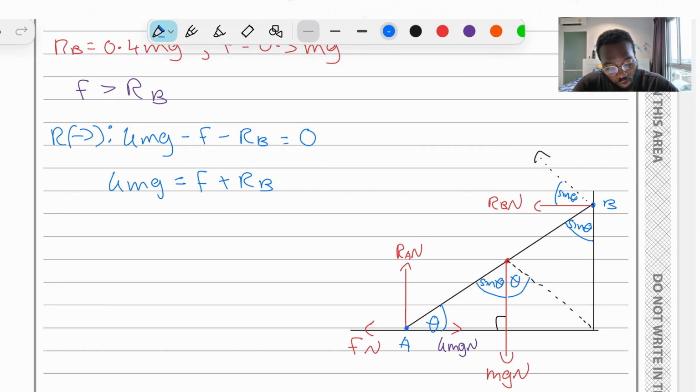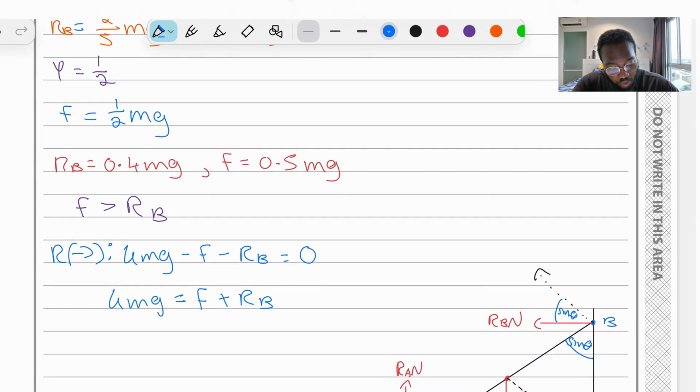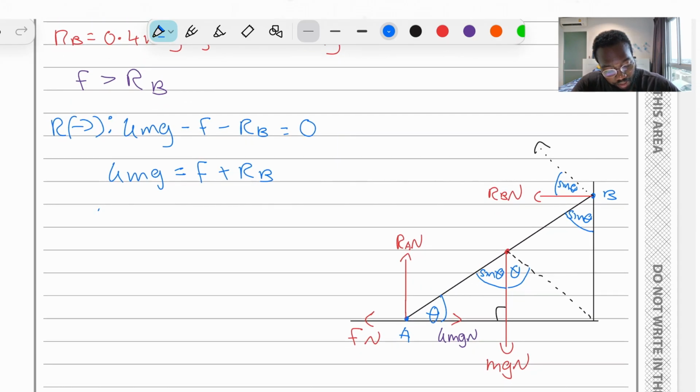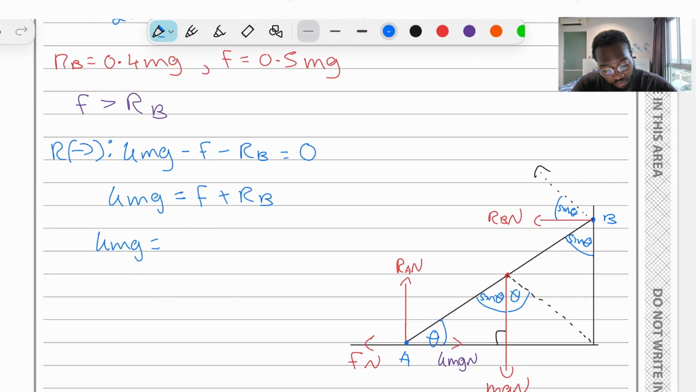We've worked out both our F and RB. So we know that our RB, let's write this back as a fraction. So we have kmg is equal to F, which we worked out as 0.5 mg. Actually, no, let's keep it as decimals, keep it easy. We have 0.5 mg.